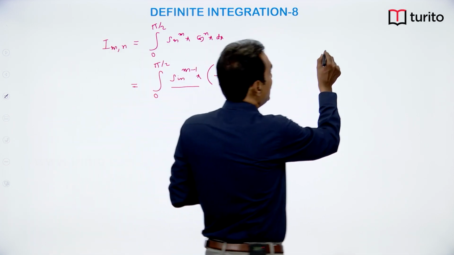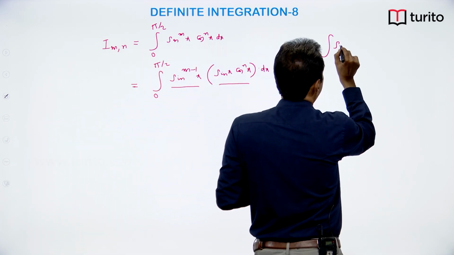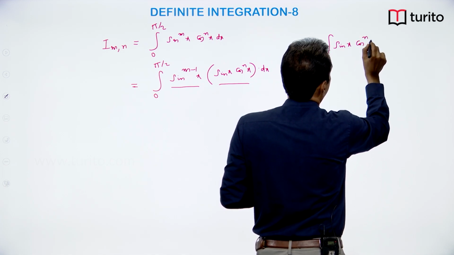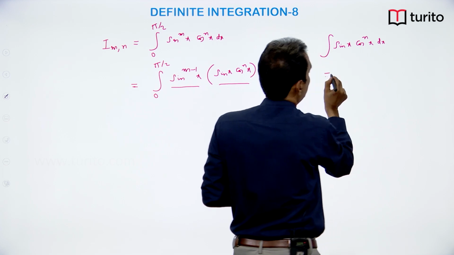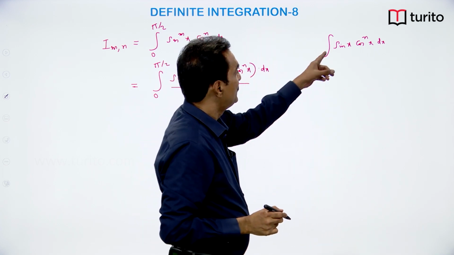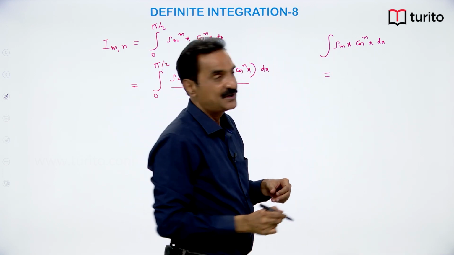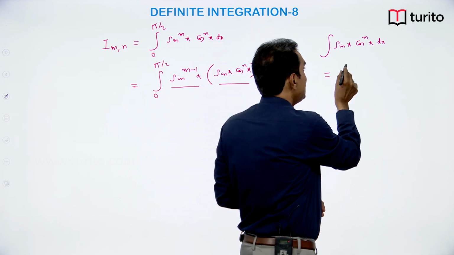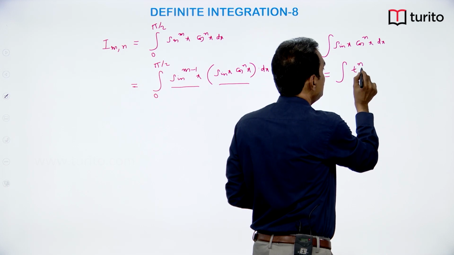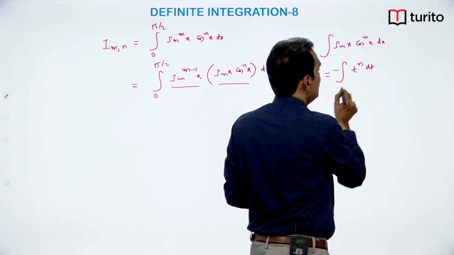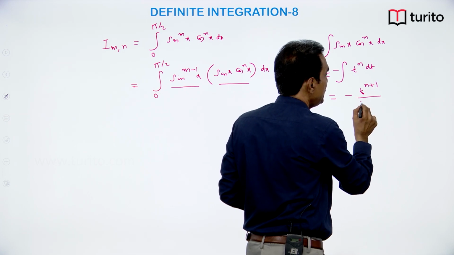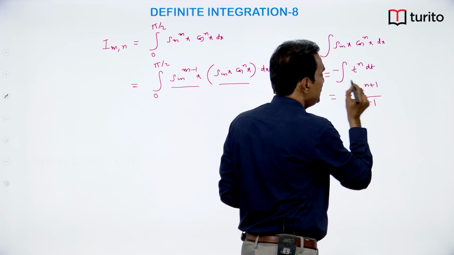If you separately integrate integral sin x into cos power n x dx, what will you get? If you put cos x equal to t, sin x dx will be minus dt. Then it becomes integral t power n into minus dt. It will be minus t power n plus 1 by n plus 1.